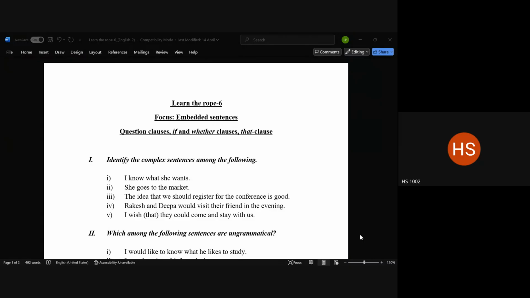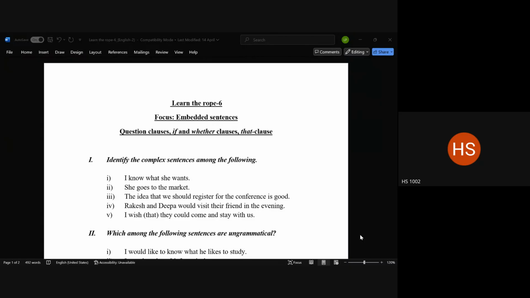They can appear in the form of a question clause, they can appear in the form of an if and whether clause, they can also appear in the form of a that clause, right? So while the function is usually distributed between that of an adverbial, adjectival, and noun clause, the forms in which the subordinate noun clause or subordinate adjectival clause or subordinate adverbial clause may appear could be different.